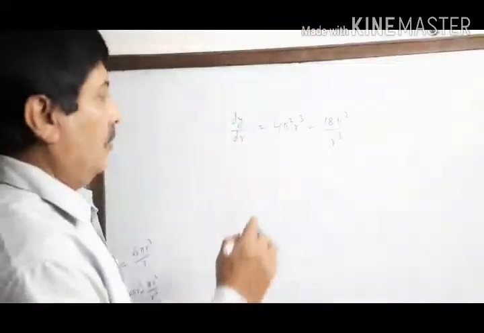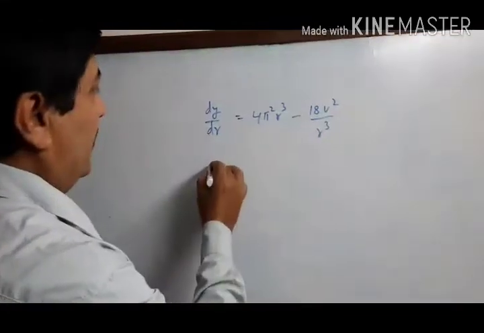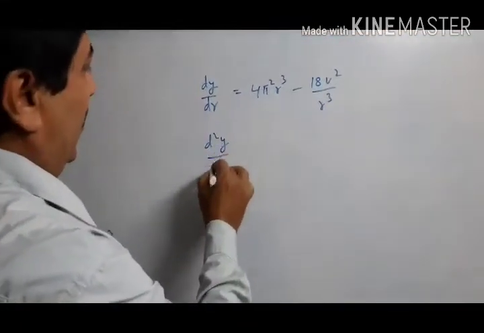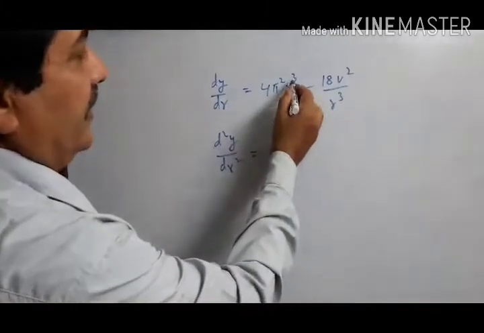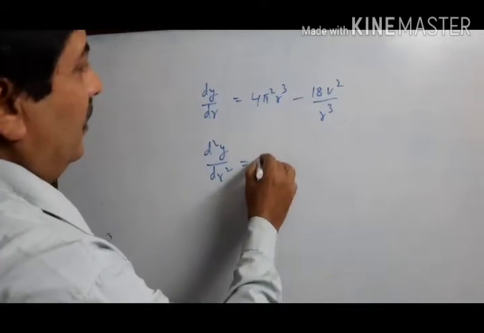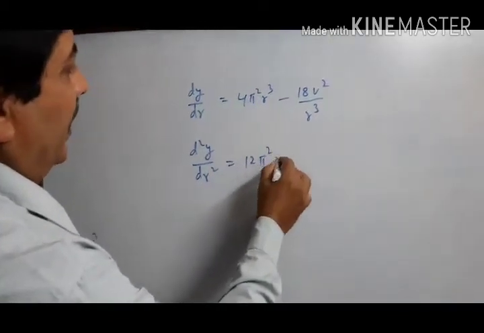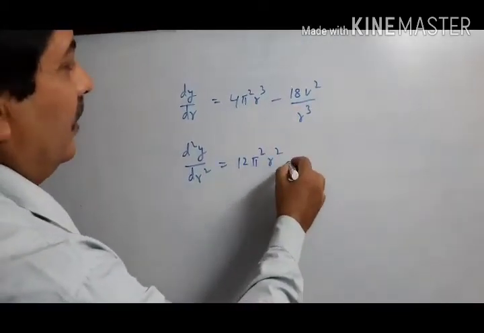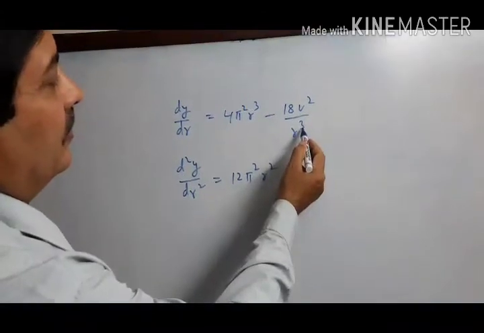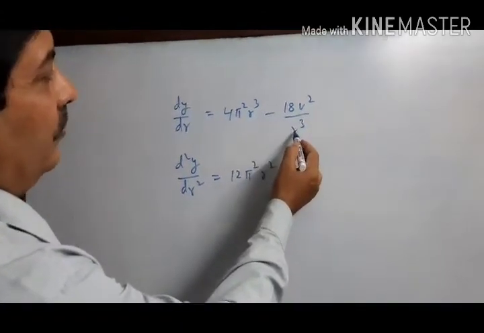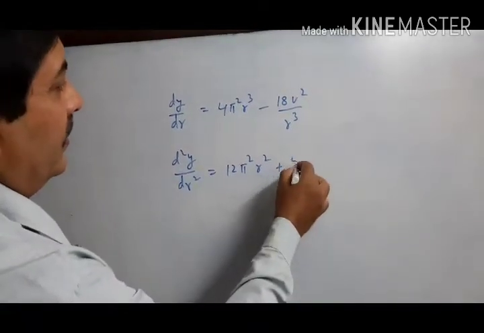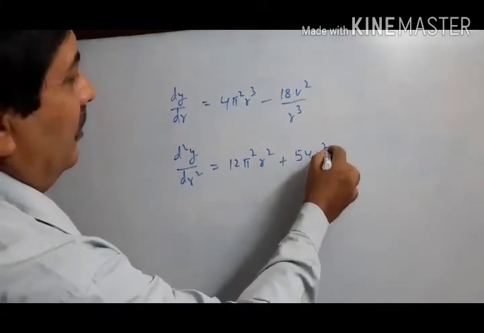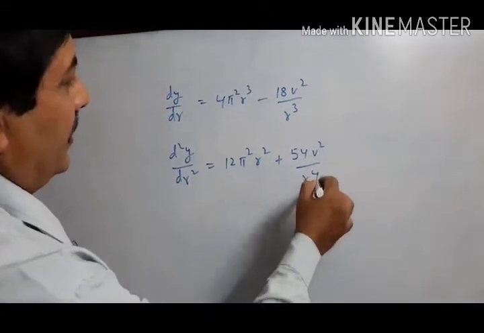Okay. Now we go for the second order derivative. d square y by dr square equals, differentiation of 4r cube, 12 pi square r square. Then 1 by r cube will become minus 3 by r raised to 4, so it is plus 54V square by r raised to 4.